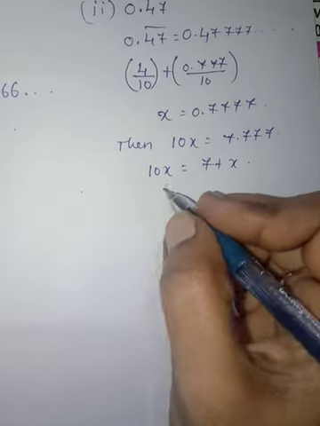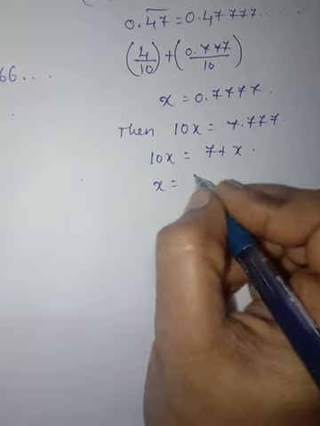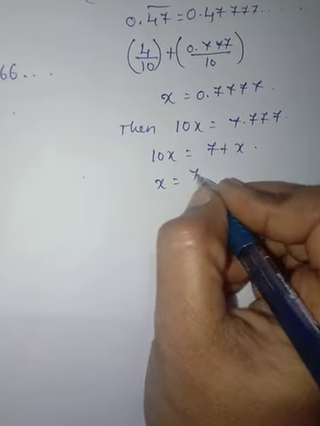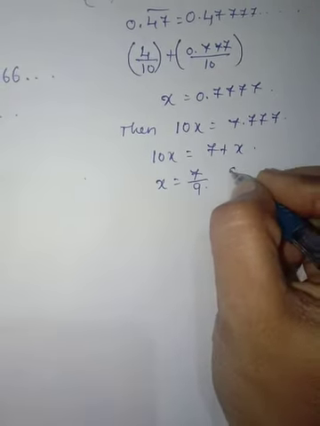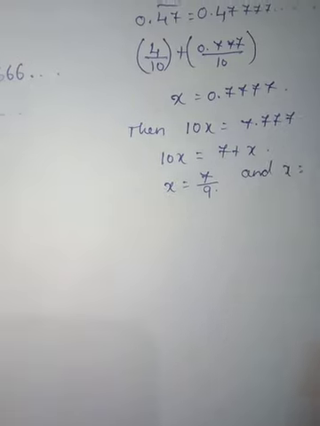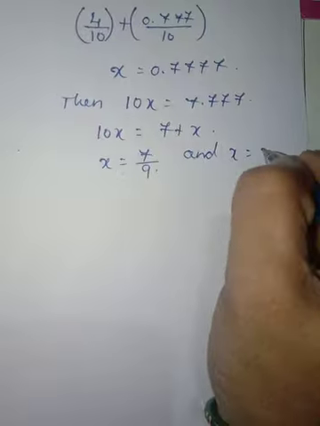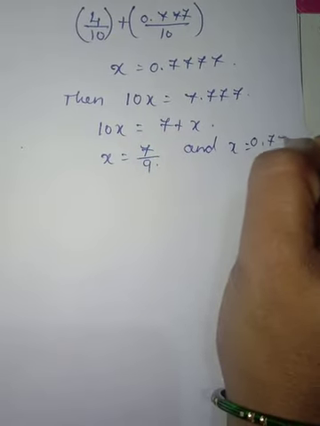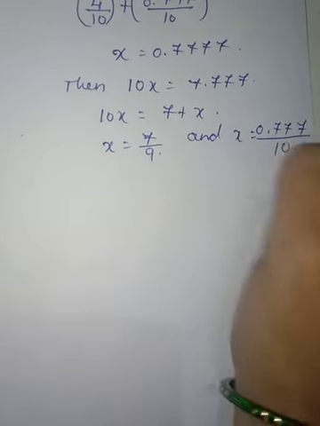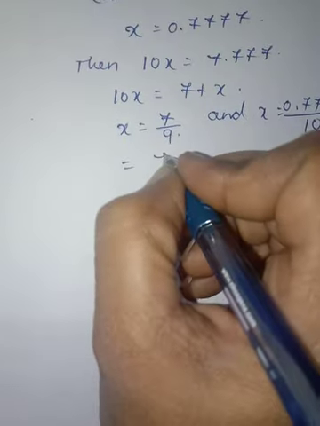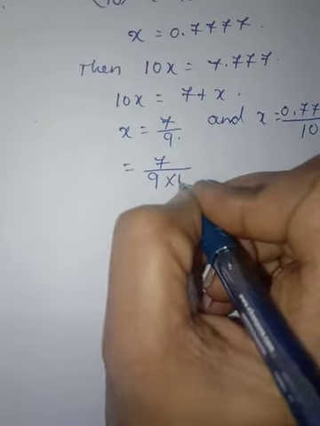And now we have to do, that is x is equal to 0.777... which is equal to 7 by 9 into 10.